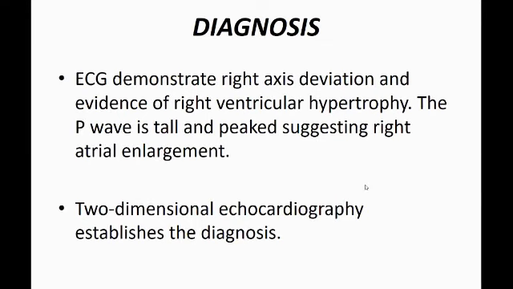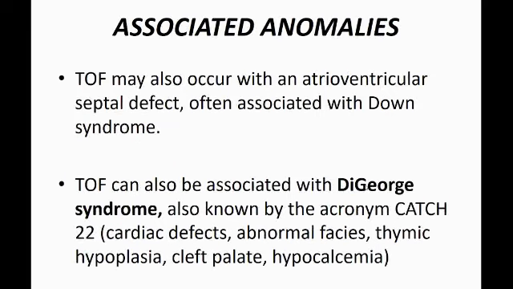Again, echo is required in order to find out all the components associated with tetralogy of Fallot, which we have just discussed. Okay, there are certain syndromes in which tetralogy is common. For example, Down syndrome is associated with atrioventricular septal defect as well as tetralogy of Fallot.